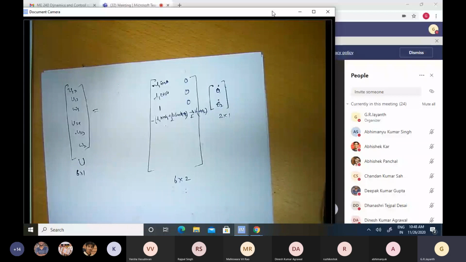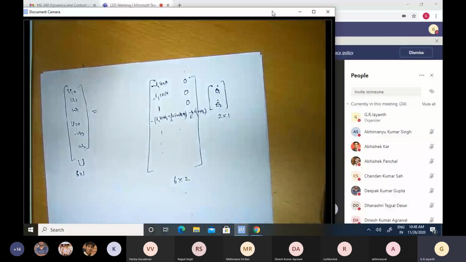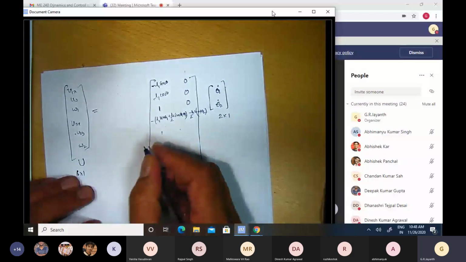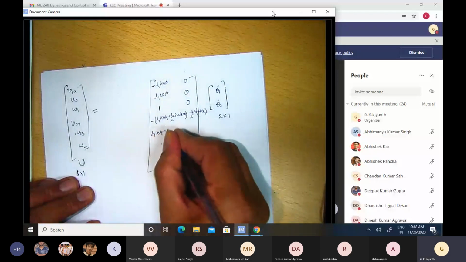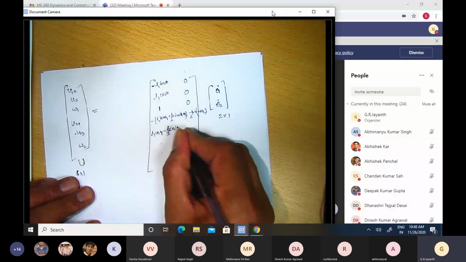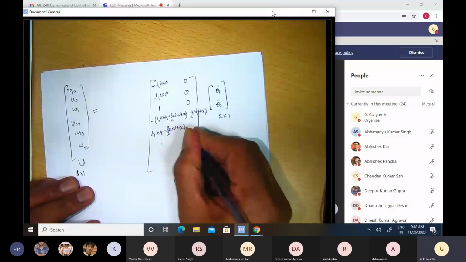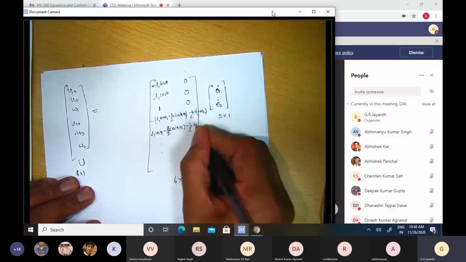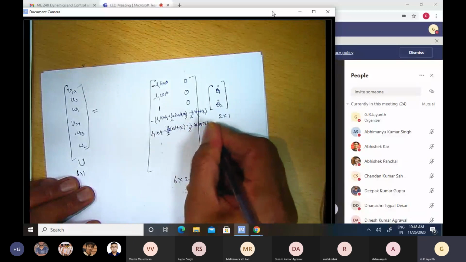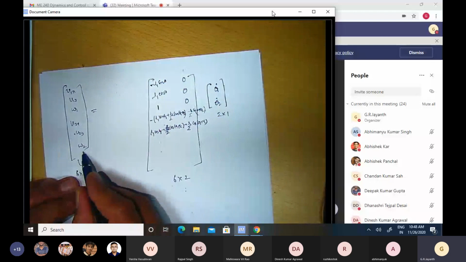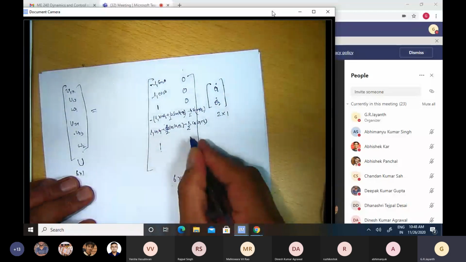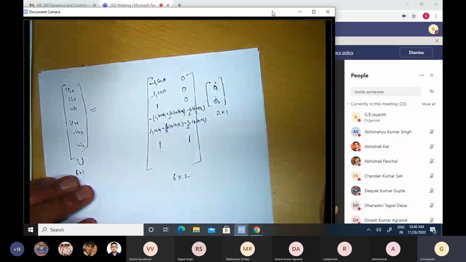I'll write it down for the sake of completeness: L1 cos theta 1 plus L2 by 2 cos theta 1 plus theta 2, and L2 by 2 cos theta 1 plus theta 2. That is the fourth term. And what is omega 2? Omega 2 is theta 1 dot plus theta 2 dot. So I would have 1 and 1 as the other entries here.